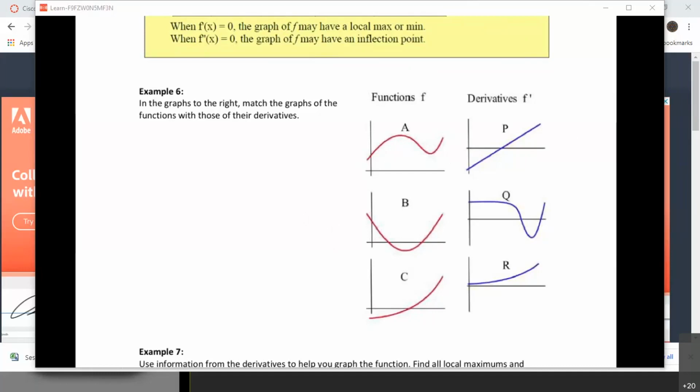It turns out with this example, all you have to do is count the number of maxes and mins in the function.